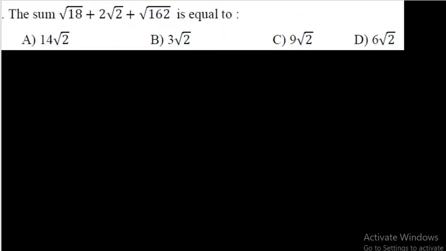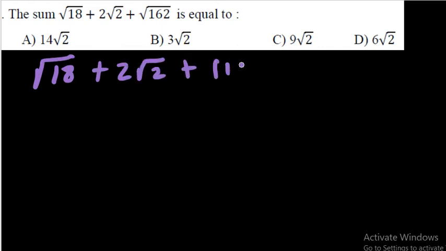The next question says find the sum of the square root of 18 plus 2 radical 2 plus the square root of 162. What to do here? Try to simplify the numbers found in the radical, especially the first and the last, because the middle one is already done.